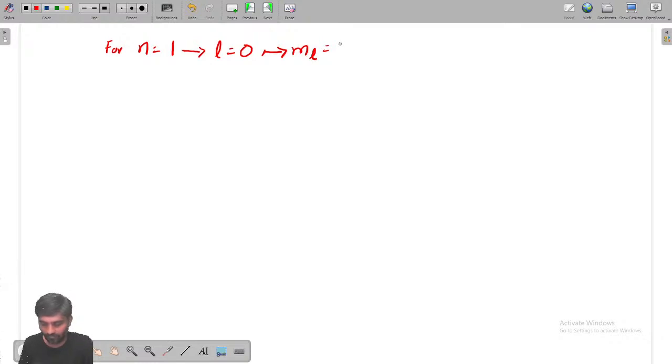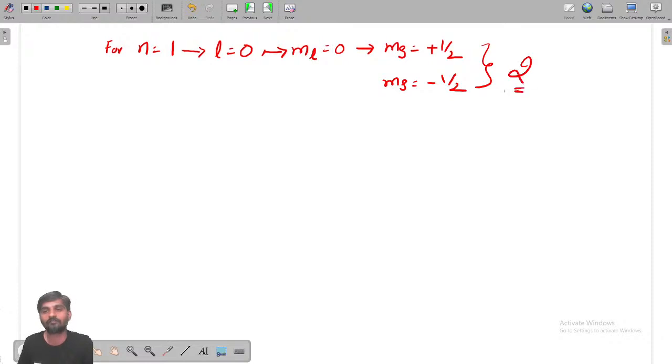Yes or no? Because ML is 0. And here you have MS: one MS is going to be 1 by 2, another MS is going to be minus 1 by 2. So how many electrons will you get? 2 electrons. For n is equal to 1, we get 2 electrons.